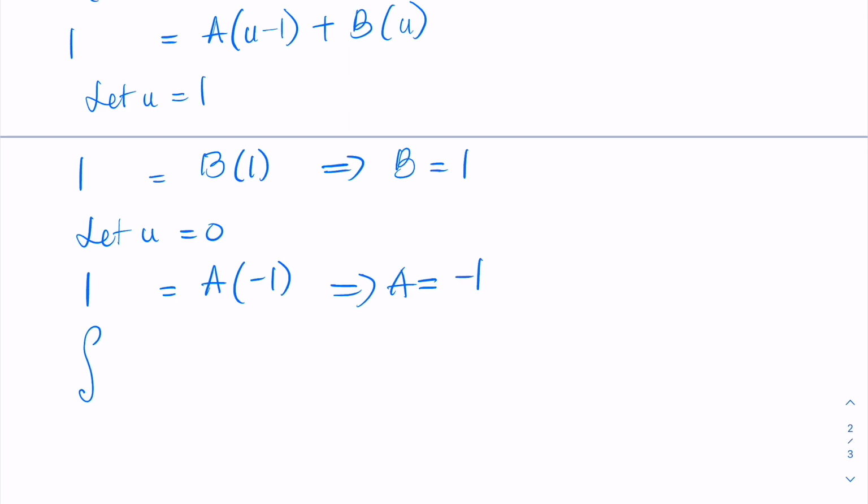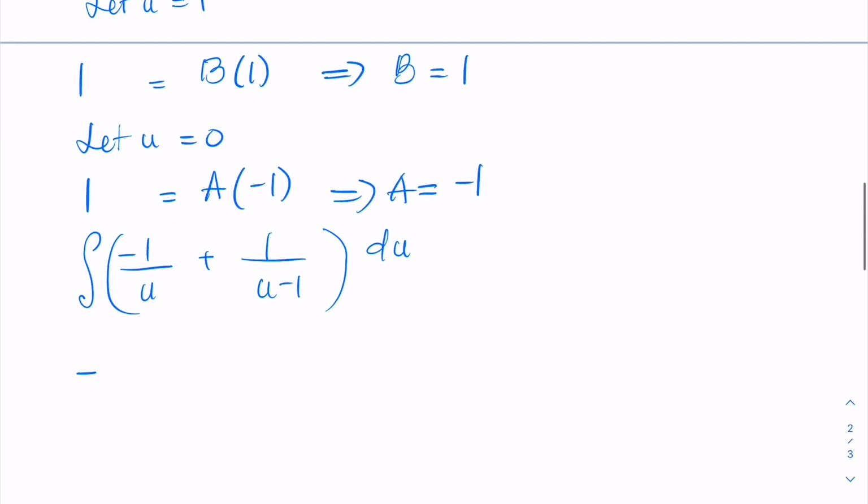So the integration turned into negative 1 over u plus 1 over u minus 1 du. And when we integrate, we get negative ln absolute value of u plus ln absolute value of u minus 1 plus C.